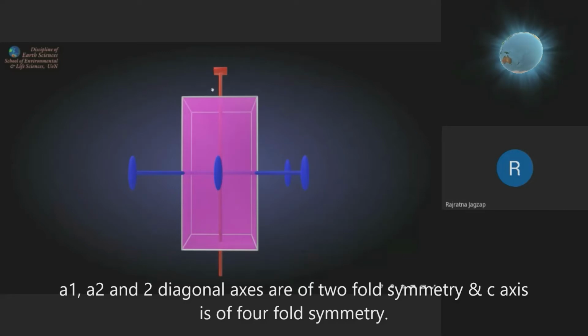You can rotate either clockwise or anti-clockwise, it doesn't matter. We will rotate clockwise and then count how many times a similar rectangular face appears at the front position in one complete rotation.